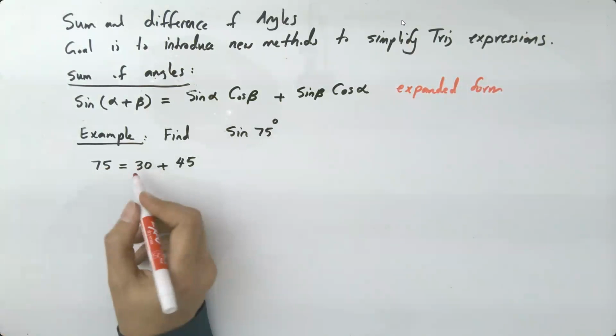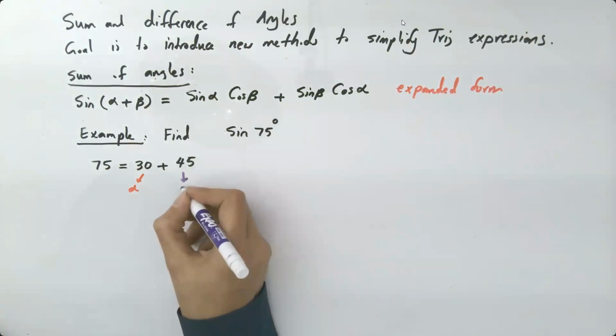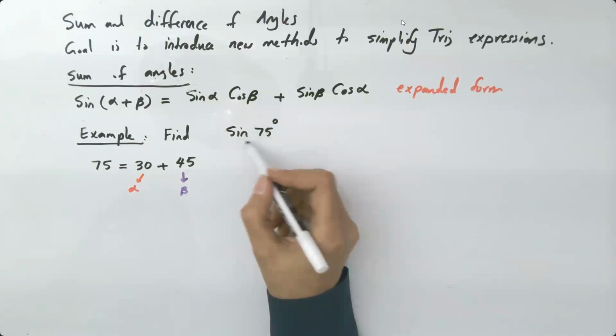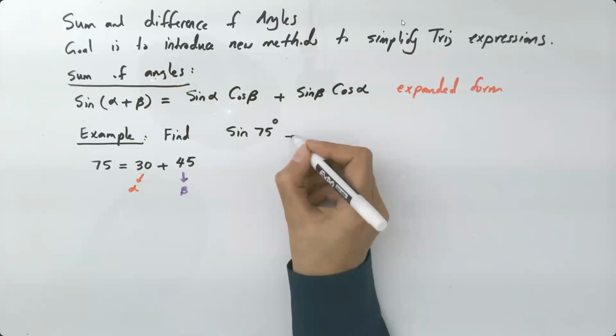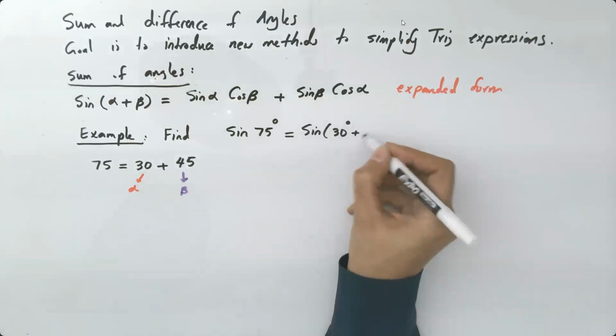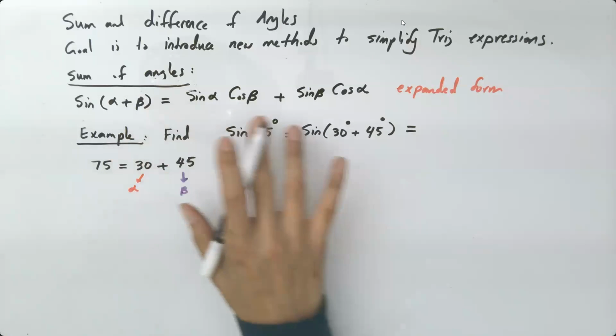This is going to be my, for example, alpha, and this guy, let me use a different color, 45 degrees is going to be my beta. Okay, very well. So sine of 75 degrees can be written as sine of 30 degrees plus 45 degrees. I have a nice formula.